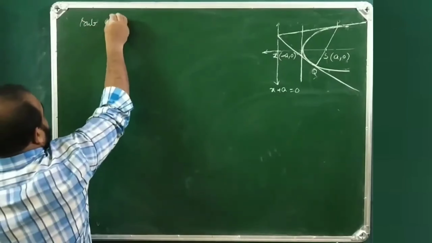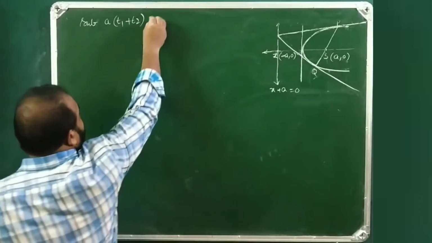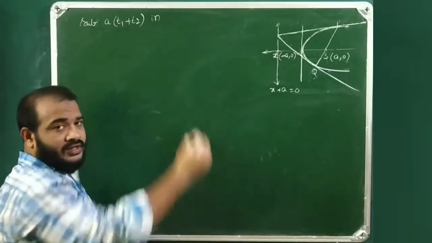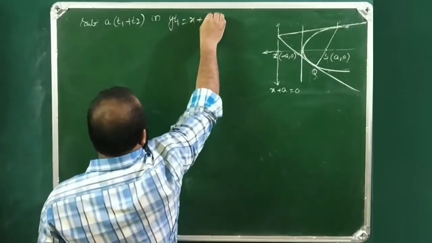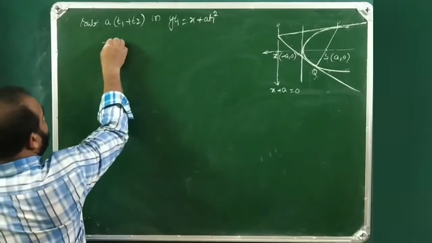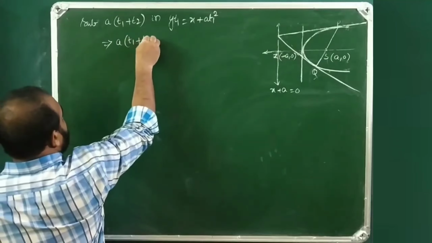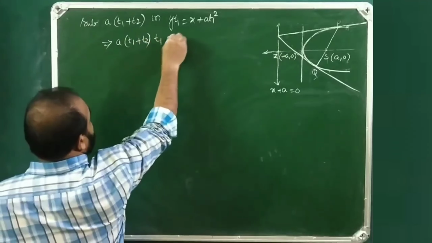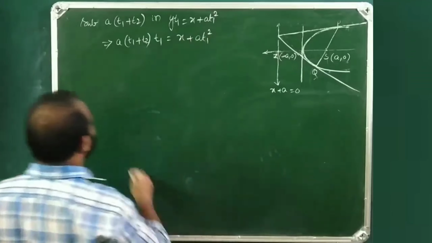Substituting a into t1 plus t2 in any one of the equations, yt1 equals x plus at1 square, the first equation, then what is the value of x? a into t1 plus t2 into t1 equals x plus at1 square.